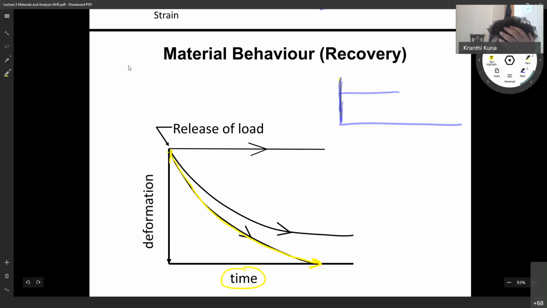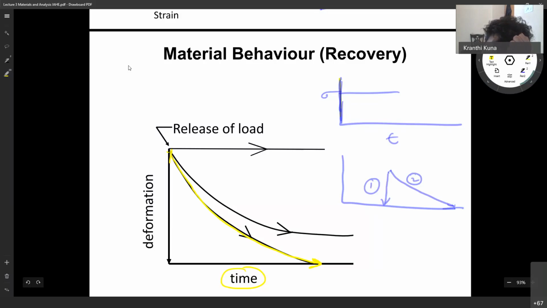So you applied load, obviously this is time. You applied an instantaneous load and you release it somewhere here. If it is completely recovering, this is case 1.